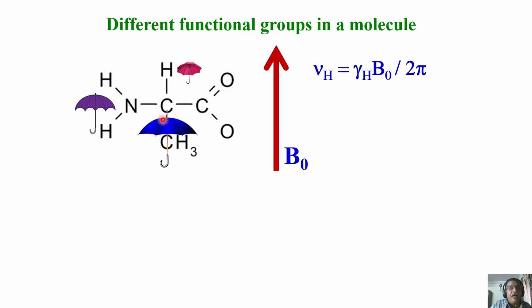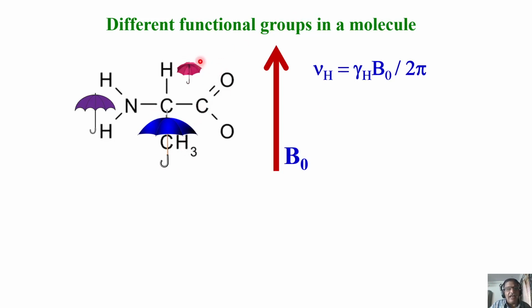Larger the umbrella, larger the shielding. Okay, so now what it means is the field seen by these 3 different types of protons is not the same. It is not just B naught. It is B naught plus the induced field. You can understand the point.